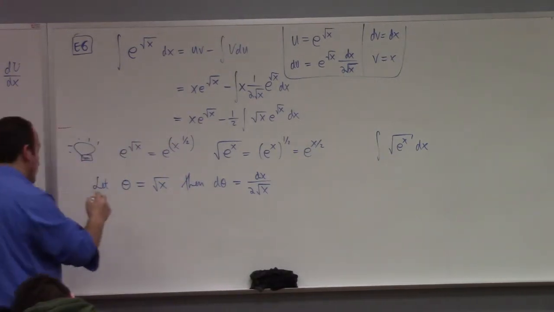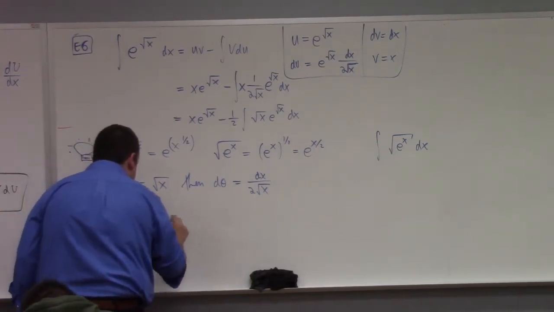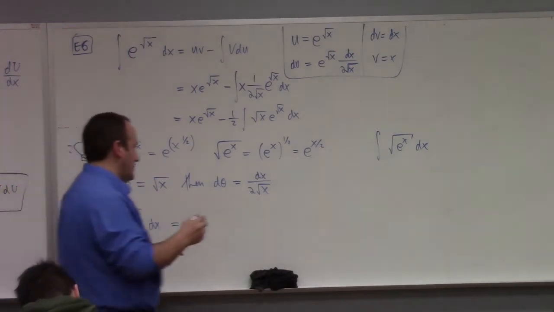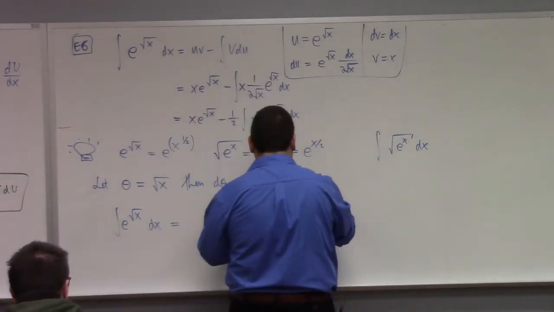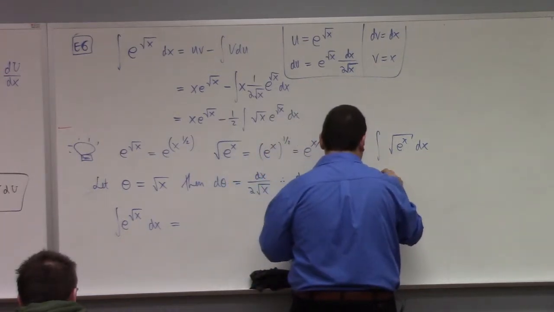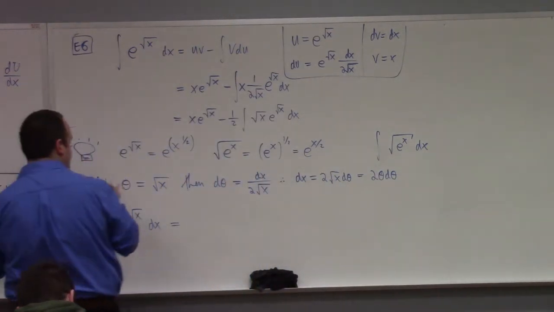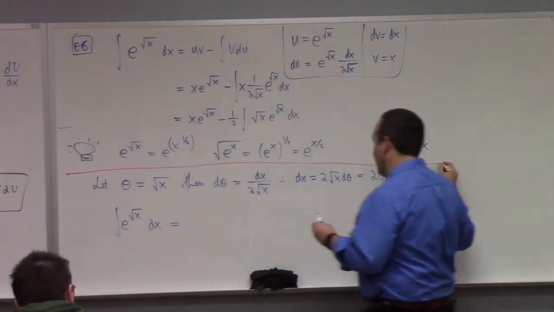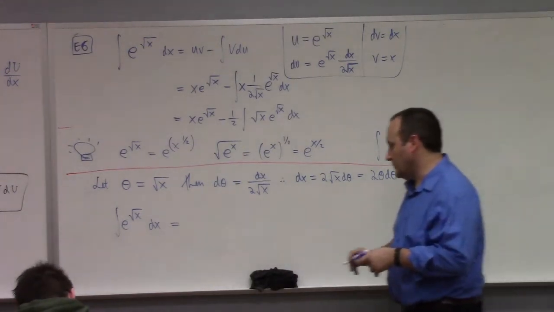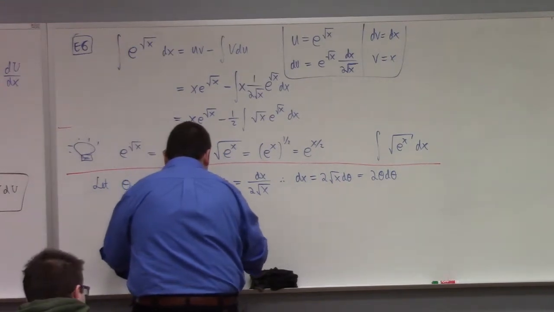So what's this integral of e to the square root of x equal to with a theta substitution? So this says dx is equal to 2 square root of x d theta, also known as 2 theta d theta. Hey, I like that. So this is the integral of 2 e to the theta times theta d theta.